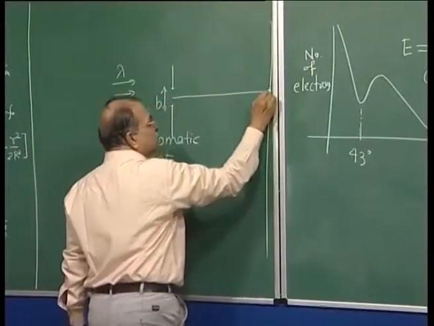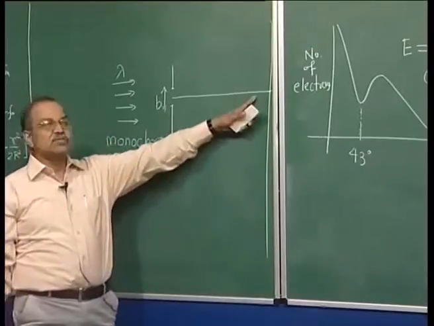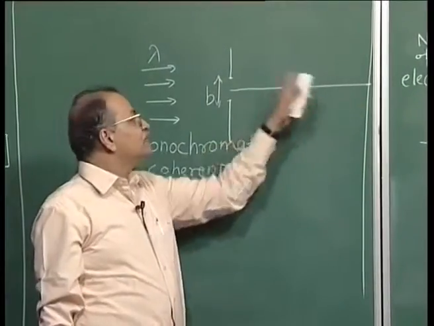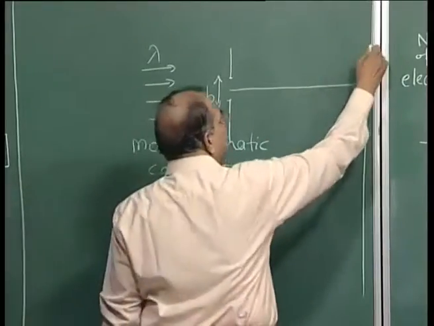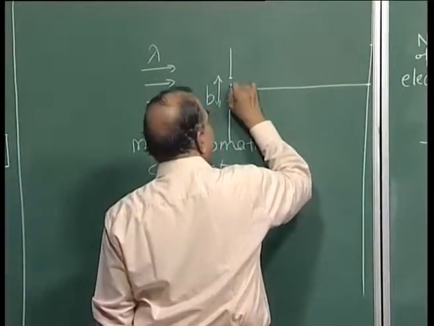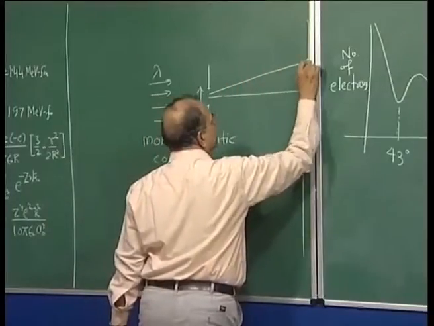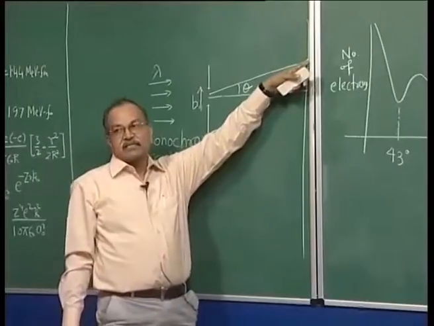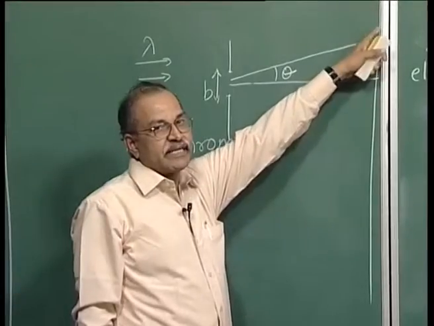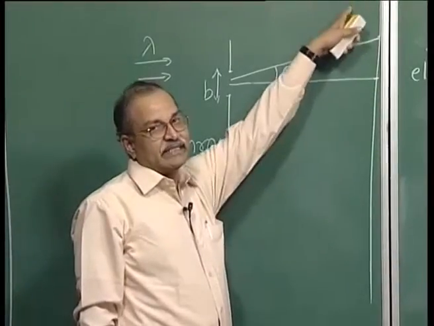You have maximum intensity at theta equal to 0, that is the wave going straight, and then at a point where the diffraction angle is theta, the intensity will be different, and how this intensity changes as you increase theta.